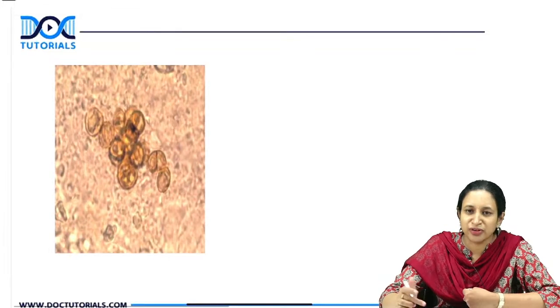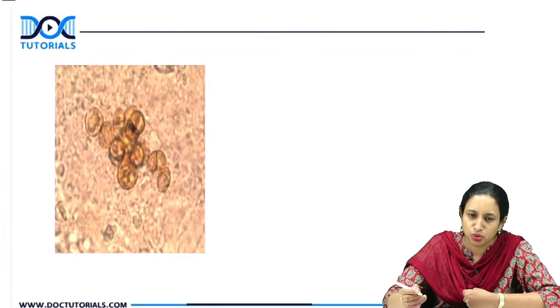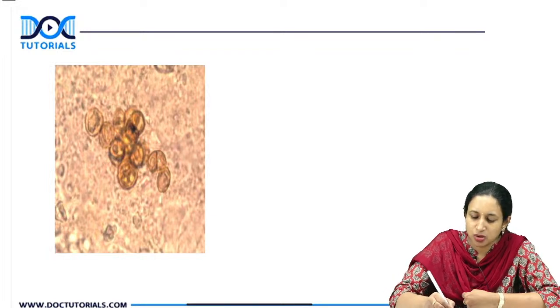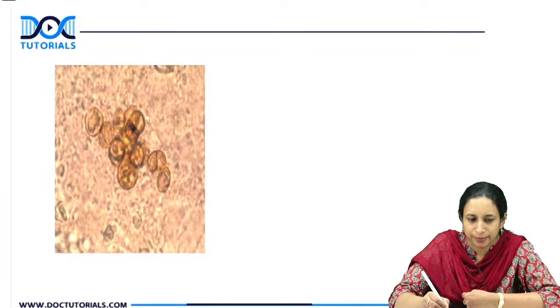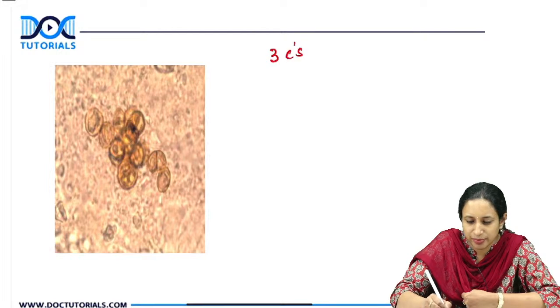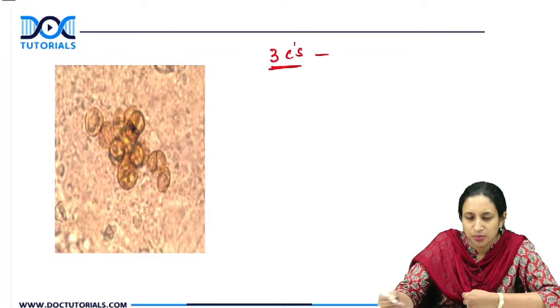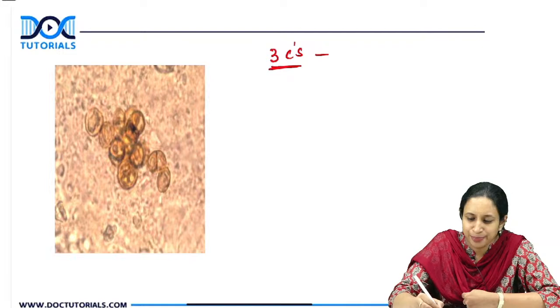Can somebody identify what this appearance is? You have to tell me what the appearance is. There are 3 C's that you have to remember for this condition, which they ask even in the exam.